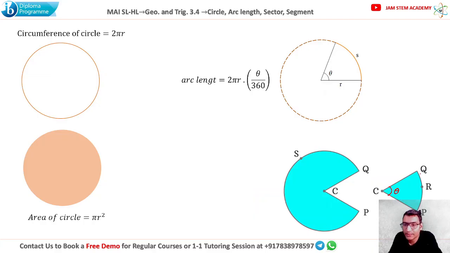This arc AB is called the arc length. The area enclosed by these two radii and the arc, this blue portion, is called the sector of the circle.